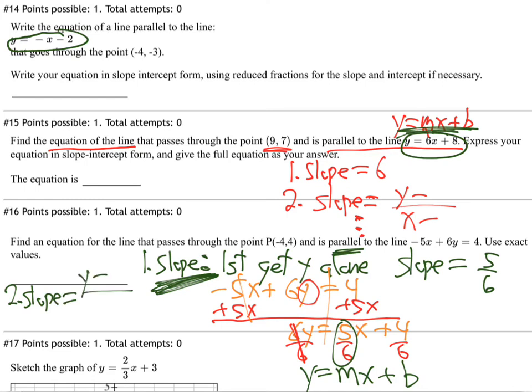Slope equals y minus blank over x minus blank. What is the slope we found? 5/6. So then you just grab that and plug it in over here. 5 over 6 is y minus over x minus. And what do you put in the back of the x and the y? Yeah, that point. Here's the x1, here's the y1.